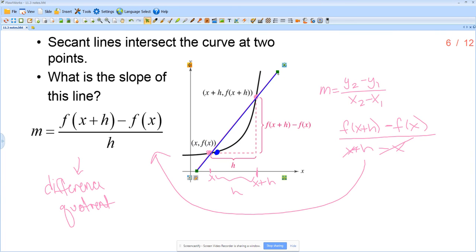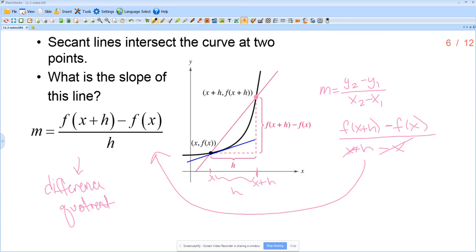Because what is that doing? It's giving me a secant line that's going to get closer and closer to the tangent line at this point.